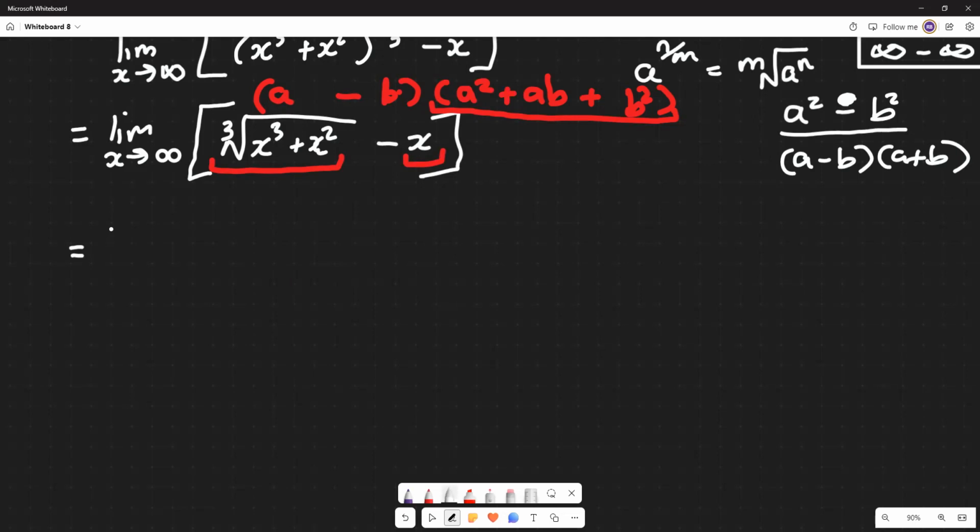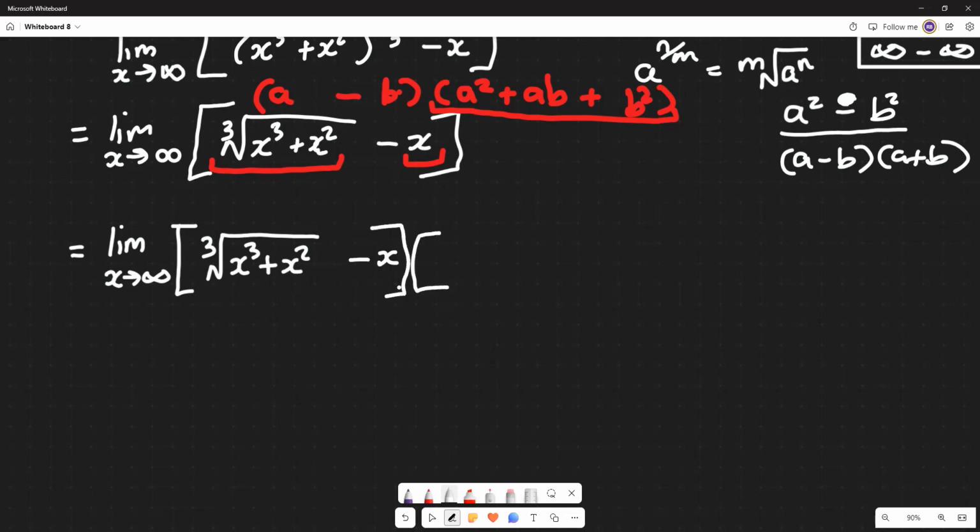So we have the limit as x approaches infinity of the cube root of x cubed plus x squared, minus x. Then we close that and open a new bracket. Now I need a squared.